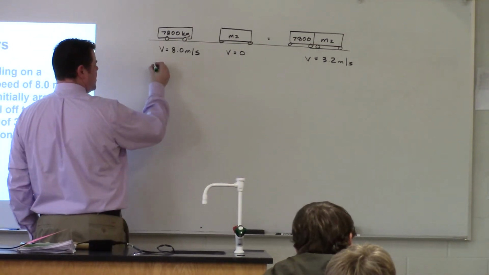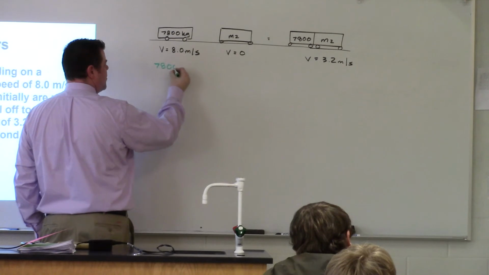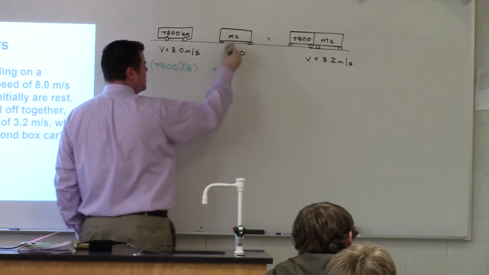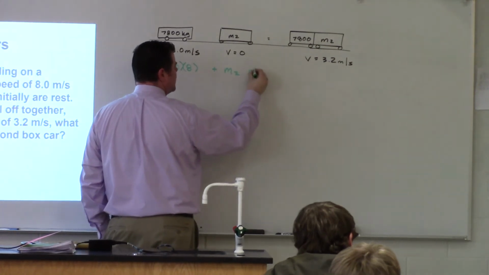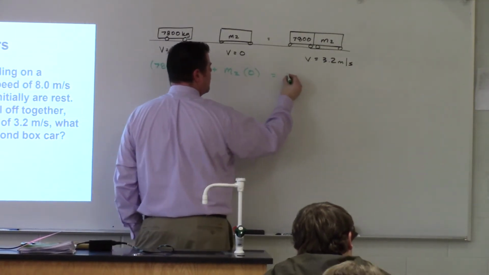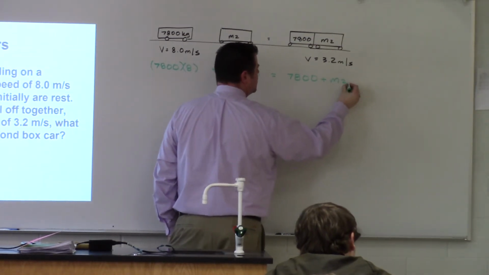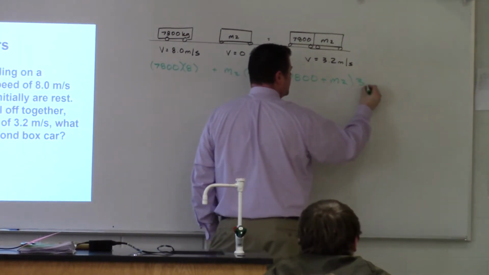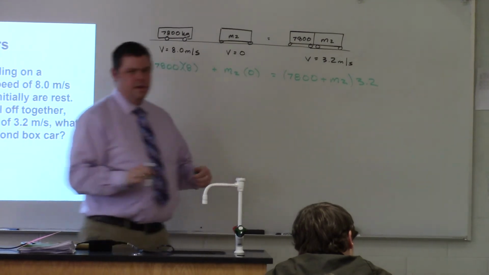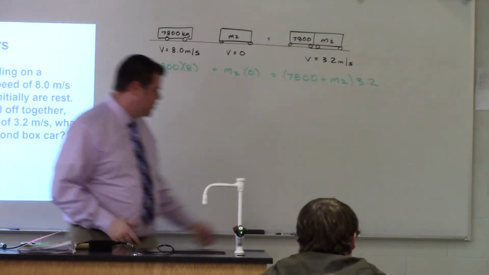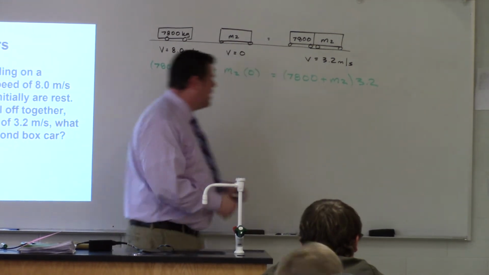I'll just write out the steps here. 7,800 times 8 plus m2 times 0, so that's just going to go away, equals the total mass of 7,800 plus m2 times 3.2. And just for the sake of math, I didn't write out all the units, but you certainly could to follow your dimensional analysis.